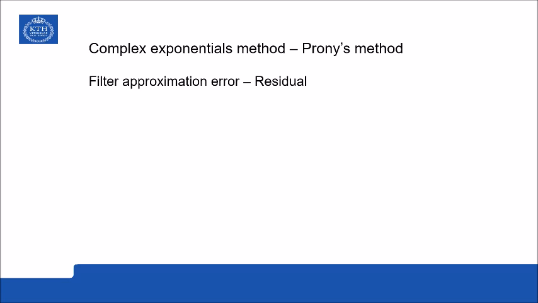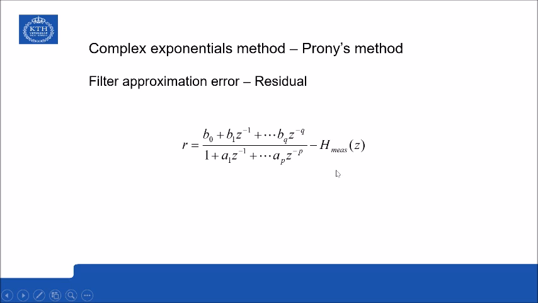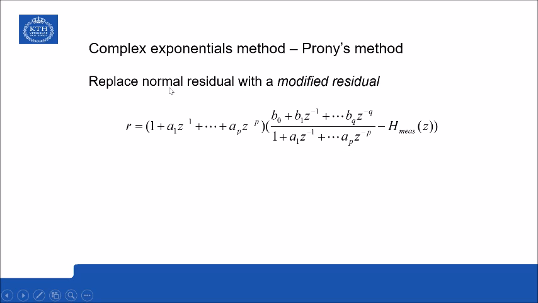To do this, we introduce the residual, which is the difference between the measured frequency response function and our model frequency response function. But the problem with this definition of the residual is that it is a non-linear problem in the an coefficients, in the denominator coefficients. And that will cause some problems when we want to optimize the values of these. So instead we replace this residual with a modified residual.